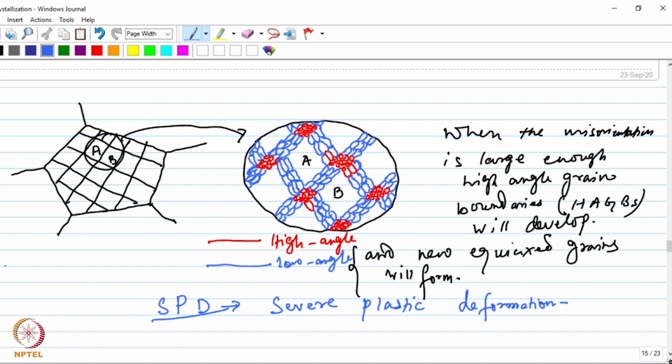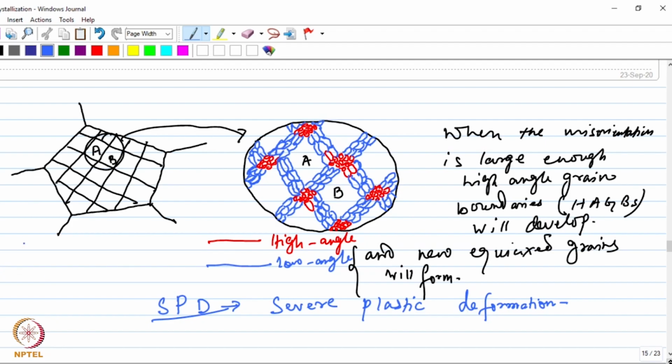Okay, and which mechanism will be prevalent in a particular material, that of course depends on the material property, right, as we talked about, but it might also depend on the deformation conditions in terms of the temperature, strain, and strain rate, right?